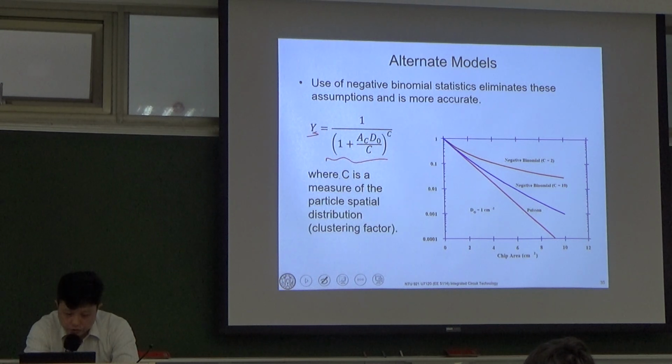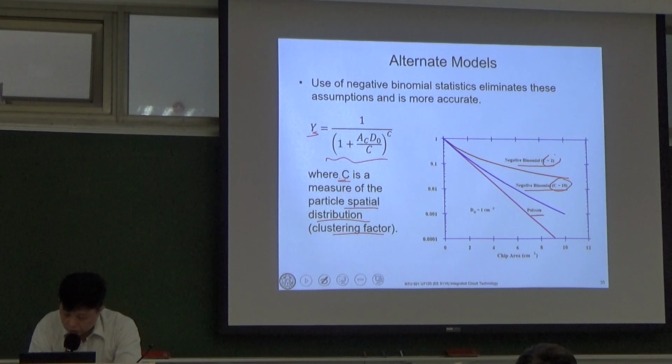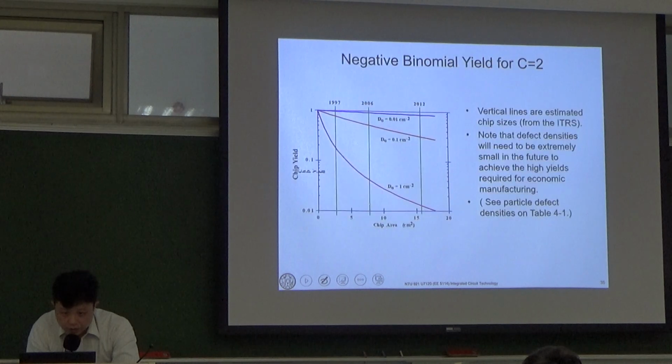So we have C that accounts for these clustering factors. Again, we can plot these lines, the Poisson and the negative binomial. If C equals 2 or C equals 10, which gives you a more realistic case?